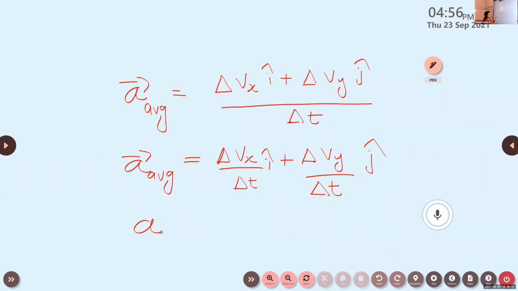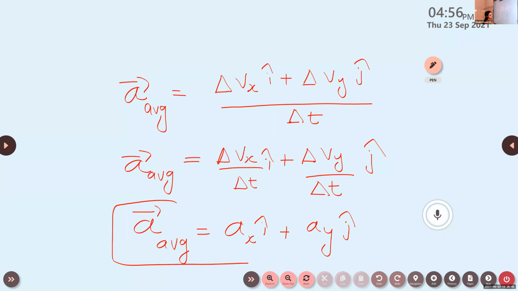Or we can write average acceleration, vector A average, is equal to Ax i cap plus Ay j cap. This is one equation, Equation 4: average acceleration vector A average is equal to Ax i cap plus Ay j cap.